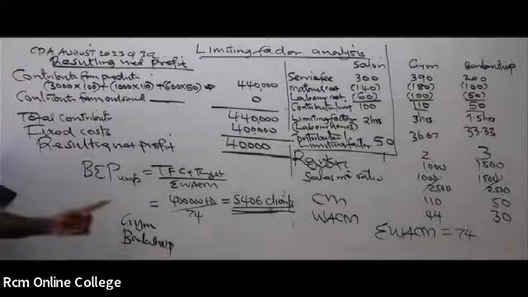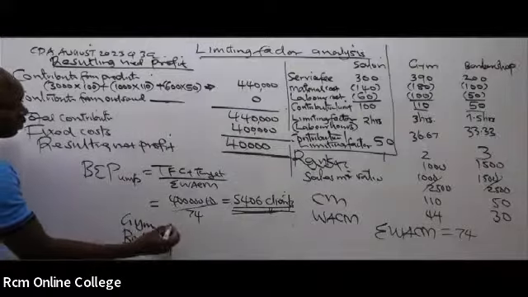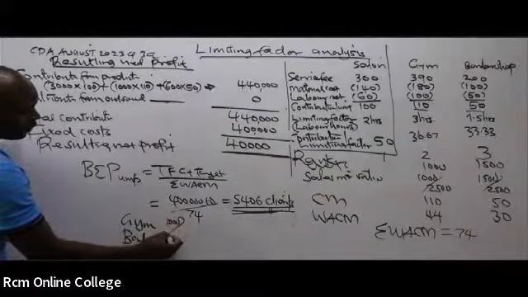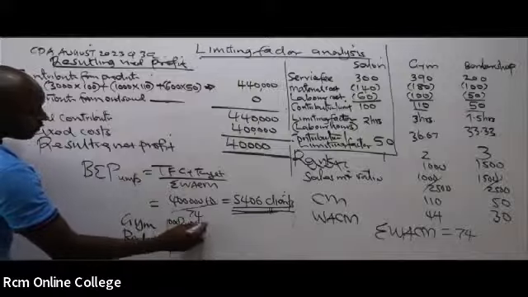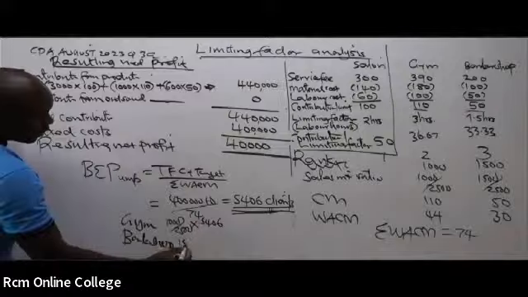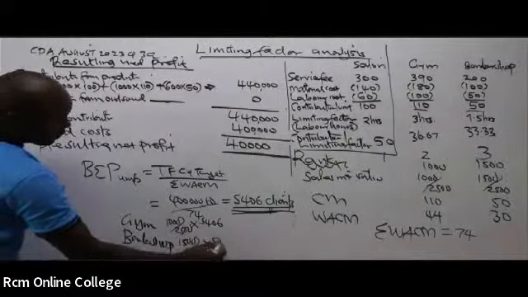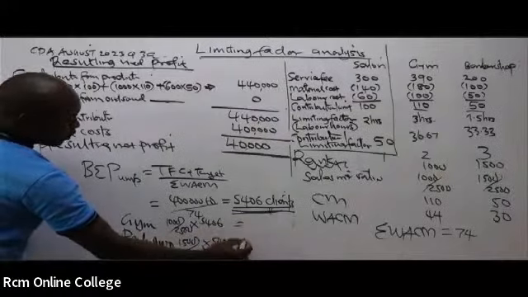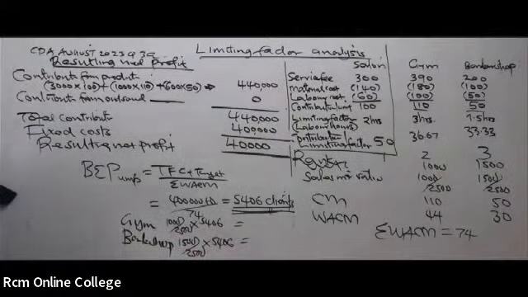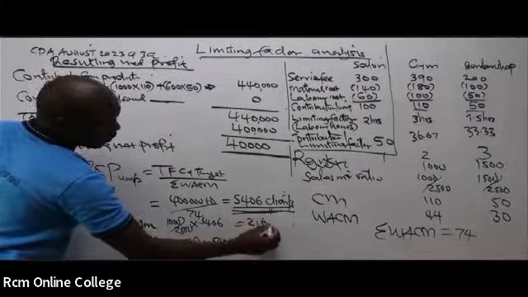We get that based on the sales mix ratio. So can we take 1,000 over 2,500 times 5406, then 1,500 over 2,500 times 5406. What will you have? 2162.